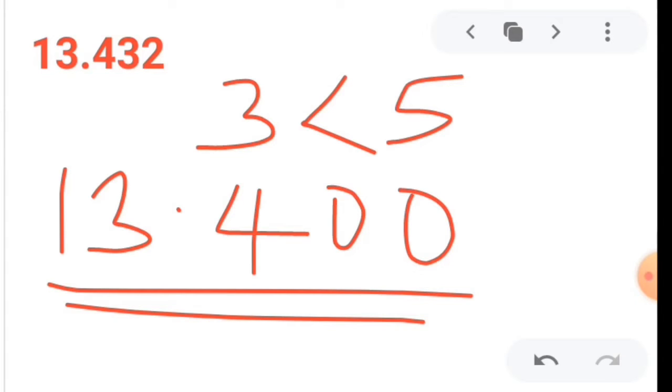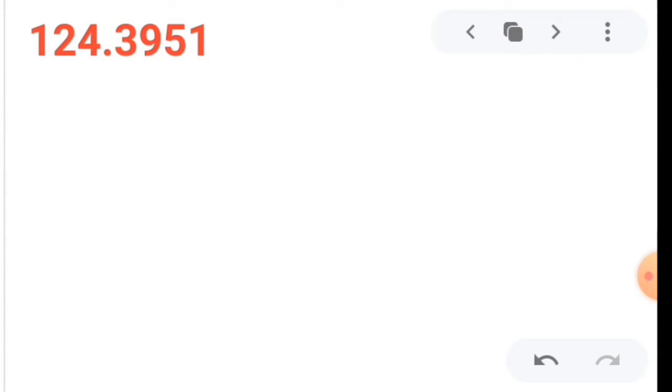Let's look at another example. We have 124.3951. Now the first decimal place is 3, which is immediately after the decimal point, and we have the next number after 3 to be 9. Now we said if the number after the number we want to round is 5 and above, we round up. Now 9 is greater than 5.